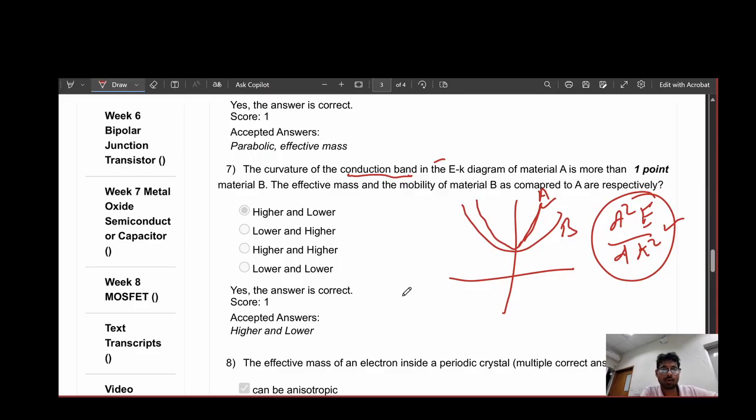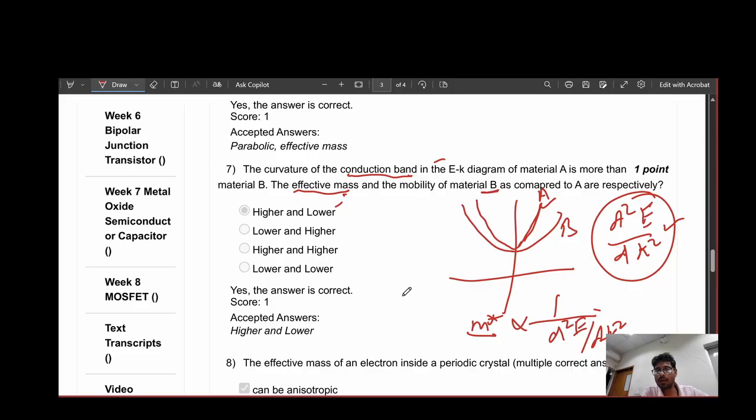Let us look first at the effective mass. What we have seen is that m star is inversely proportional to the curvature d2E by dk squared. If the curvature is more, the effective mass is less.